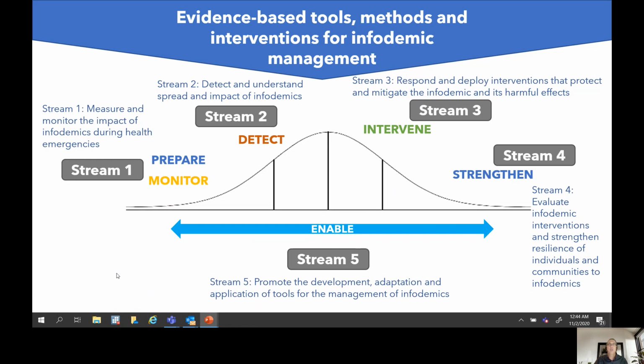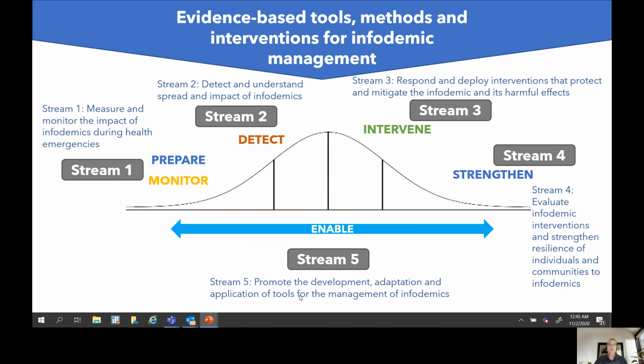So as part of the work that's being done, for example, on measuring and monitoring the impact of infodemics during health emergencies, detecting and understanding the spread and impact of infodemics, responding and deploying interventions that protect and mitigate the infodemic and its harmful effects, and then evaluating interventions and learning from those evaluations about what's working and not working to strengthen the resilience of individuals and communities as well.